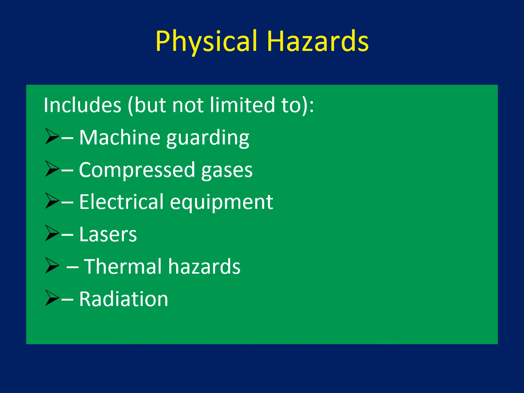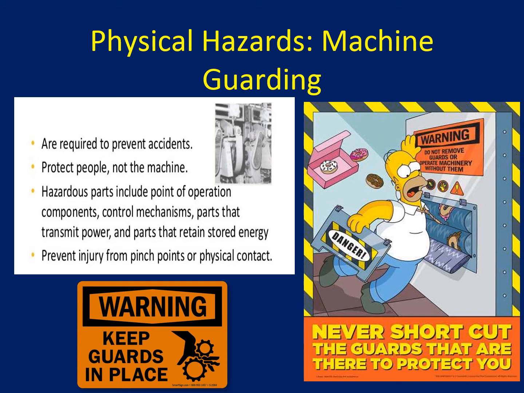Going to the physical hazards. Physical hazards are similar to chemical hazards, and include machine guarding, compressed gases, electrical equipment, lasers, thermal hazards, and radiation equipment. We have machine guarding to protect you and all the people working inside the lab or in any industry, right?